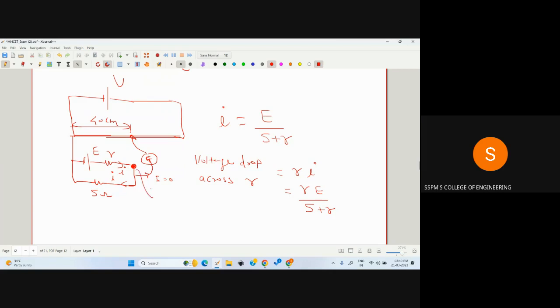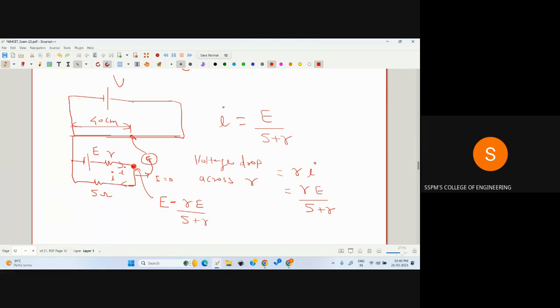What voltage will we get here? The total supply voltage by the cell is E minus r into E divided by 5 plus r, where r into E divided by 5 plus r is the voltage drop across r, which is equal to E into 1 minus r upon 5 plus r.